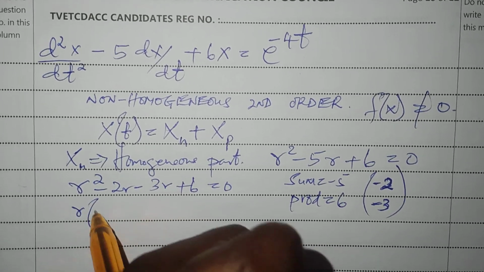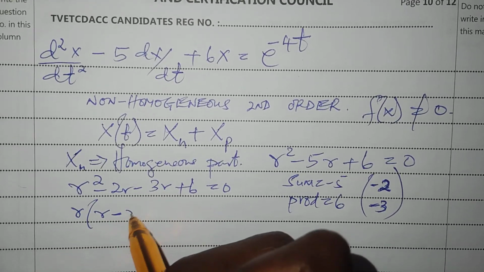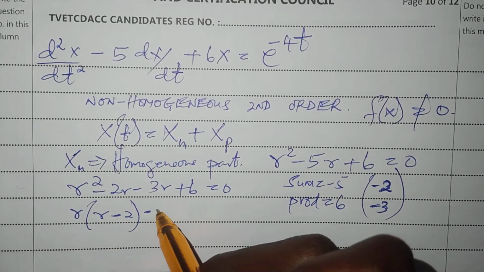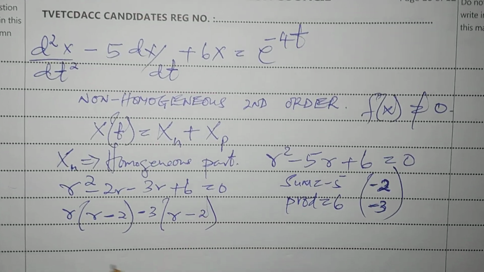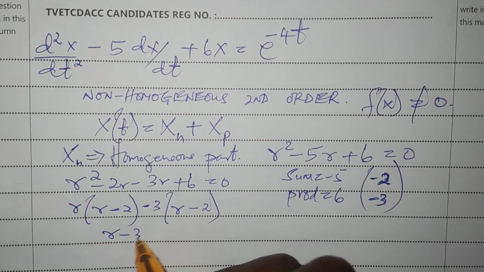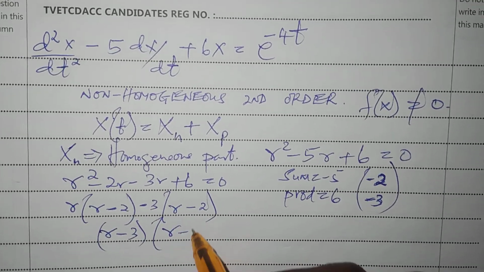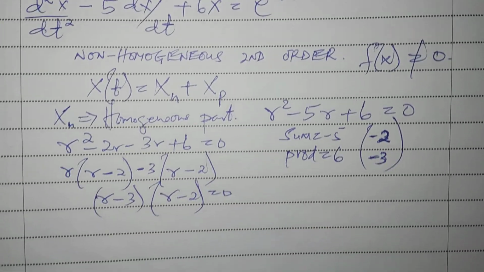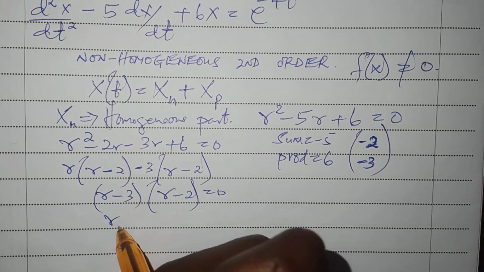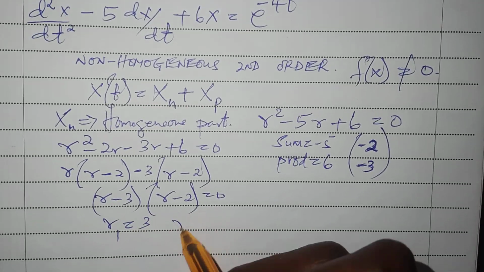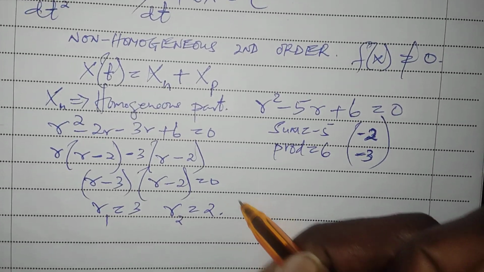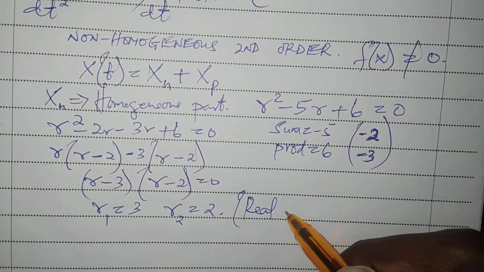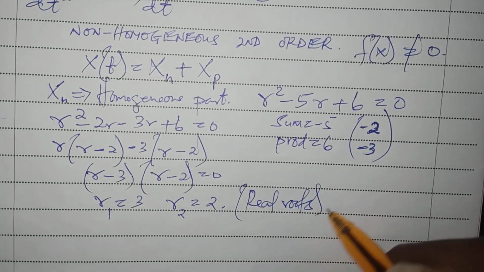Common here is r, it goes here, r minus 2. Common here is negative 3, so it goes here, r minus 2. If we factorize, we'll have r minus 3, r minus 2 is equal to 0. It means your r1 will be positive 3 and your r2 will be positive 2. These are the roots, and the roots are real.